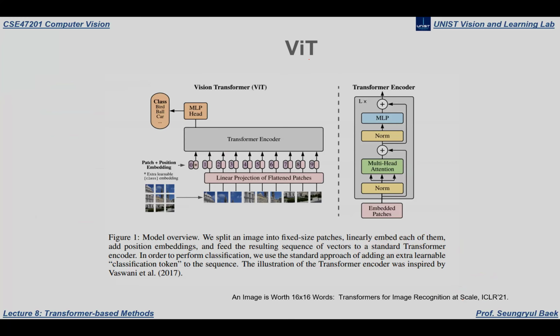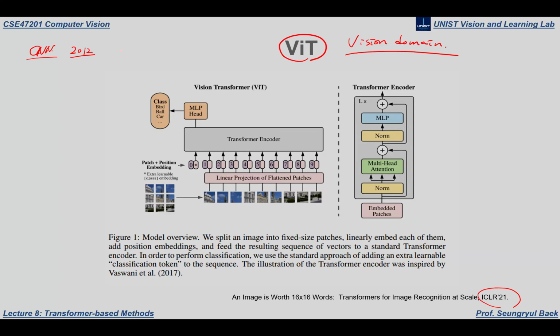And this is the first architecture that is proposed for the vision domain. Okay. And the CNN, you may remember that CNN architecture was first introduced in NIPS 2012. And after that, AlexNet, VGGNet, GoogLeNet, and ResNet appeared.